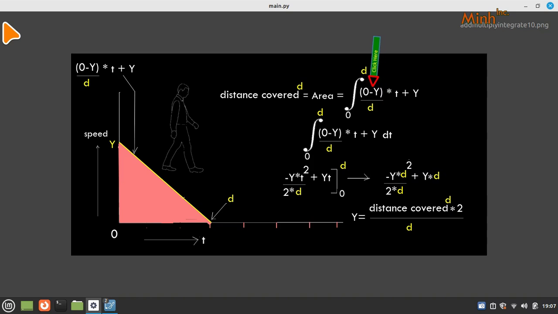Now I have to find the area. If I find the area, I would say the distance covered, how much distance he covered in d time. So the area of this from 0 to d. Now the way we have seen, we can denote it as the integral of y(t) dt.